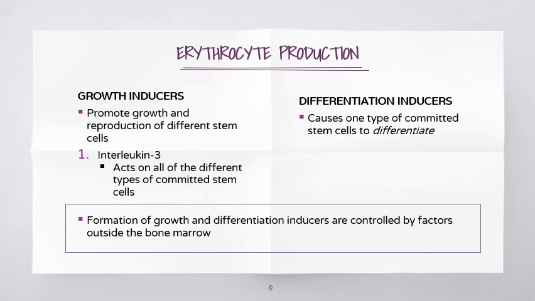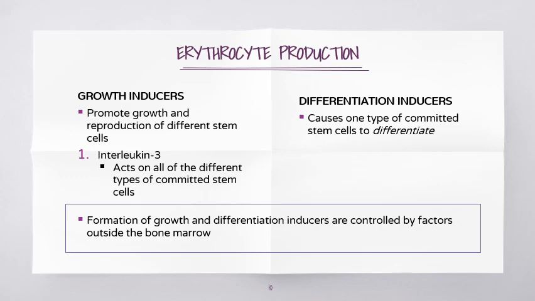There are four major inducers that have been discovered in the blood, but I will mention interleukin-3, which acts on all of the different types of the committed cells in the blood. Growth inducers are different from differentiation inducers, wherein differentiation inducers will cause one type of committed cell to differentiate. Okay?